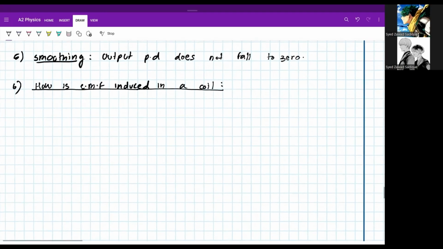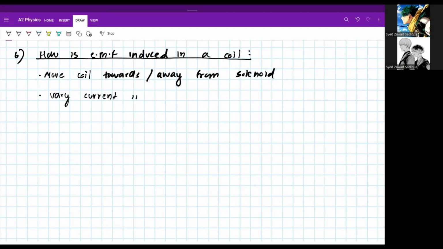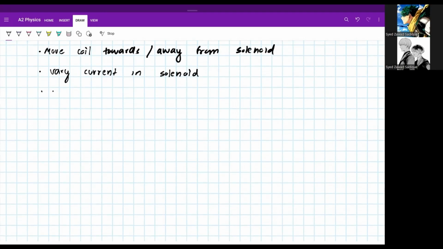That is: move coil towards/away from solenoid, vary current in solenoid, and finally rotate coil.